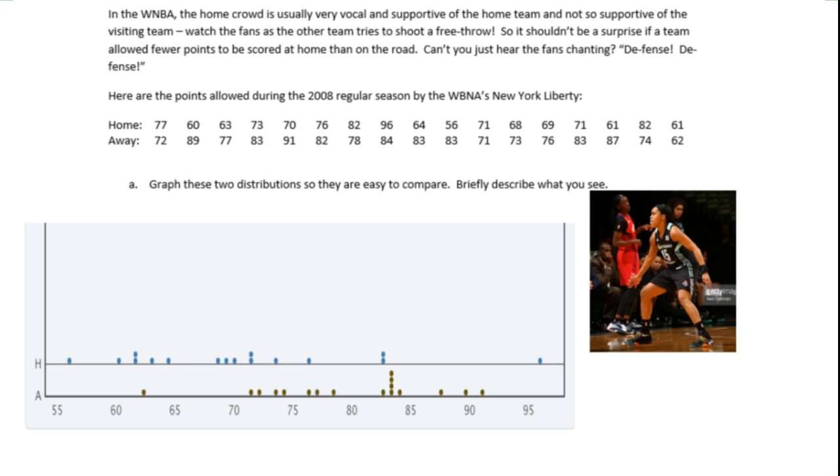And so here are the points allowed in the 2008 regular season by the WNBA's New York Liberty.